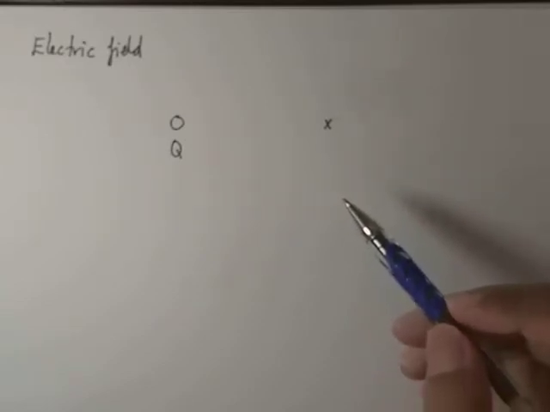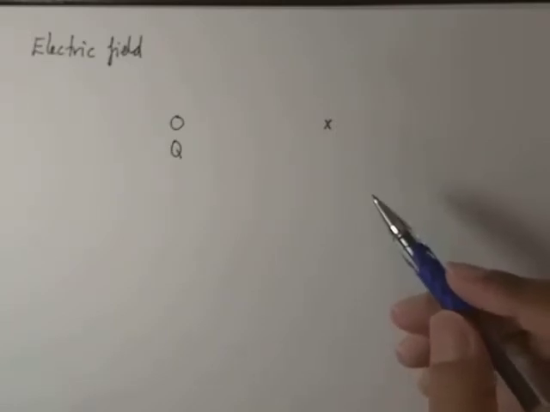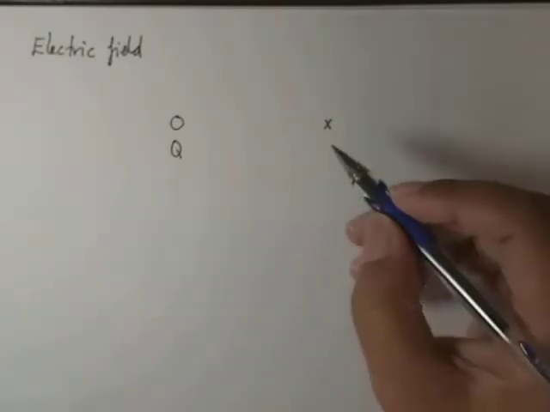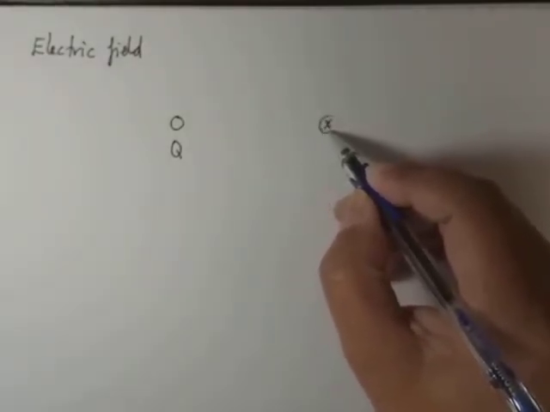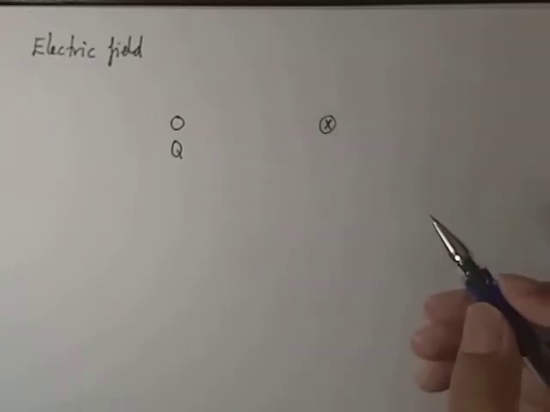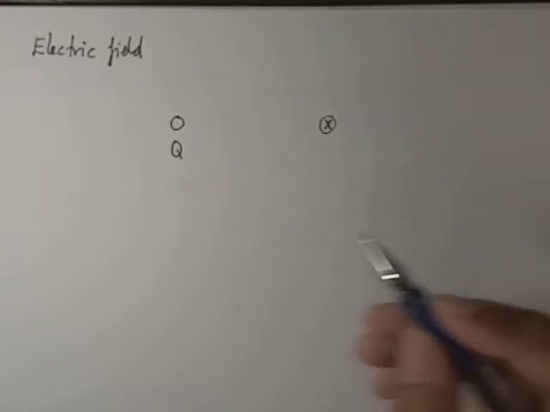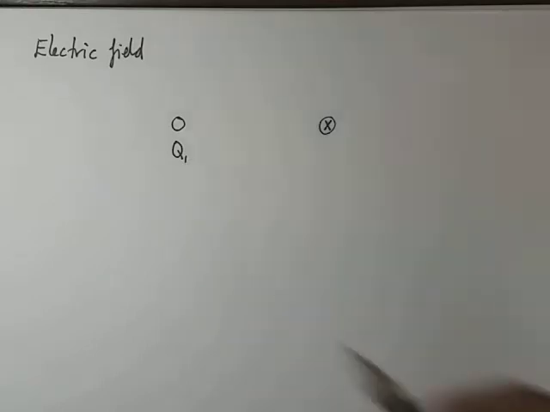Therefore, what Coulomb did, he devised an experiment. So this experiment is going to be shown here where he placed another charge. So let's say he placed another charge at this location. To differentiate between these charges, Coulomb denoted the first charge with a subscript, let's say equal to Q1.